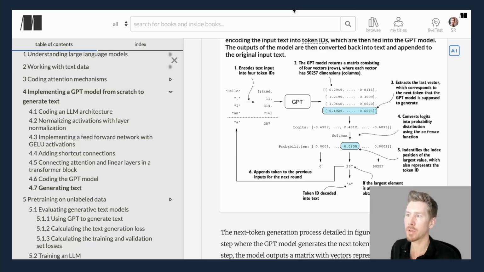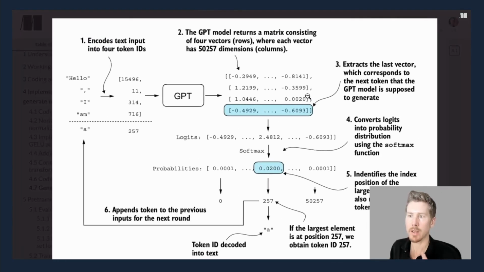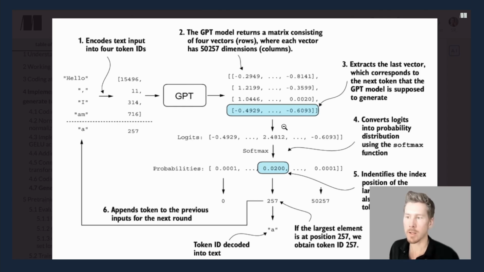Just to briefly go back to a figure that I showed you at the end of chapter 4, we had this figure where we went from token IDs to these tensors. Then we computed the logits and the probabilities of the last tensor. This was essentially for generating the next token.